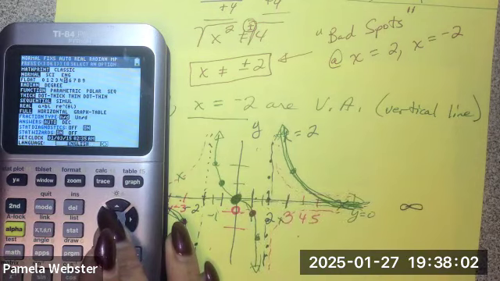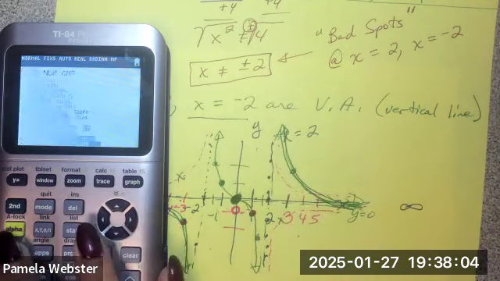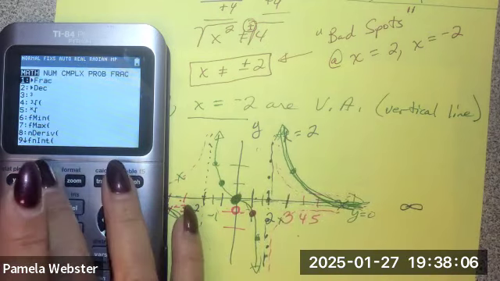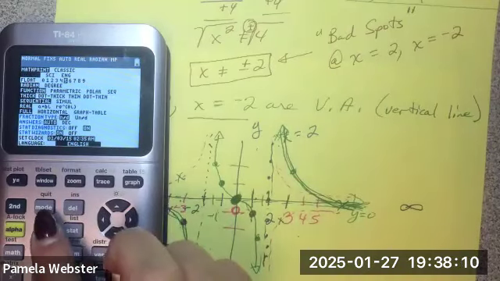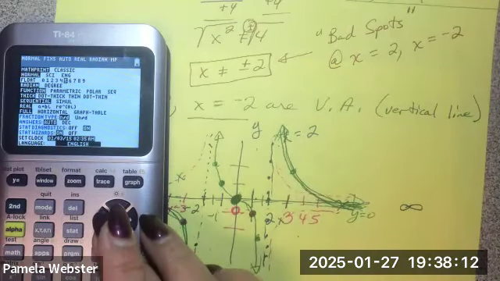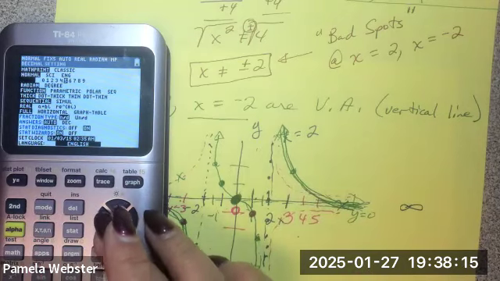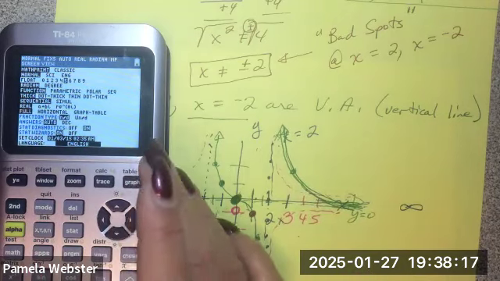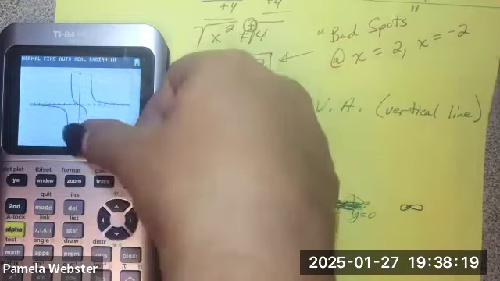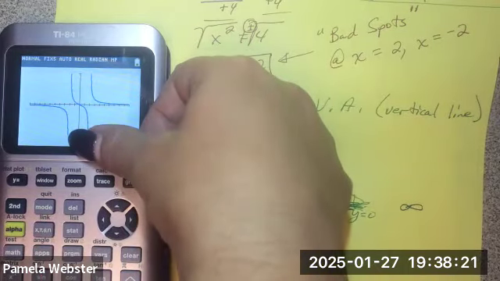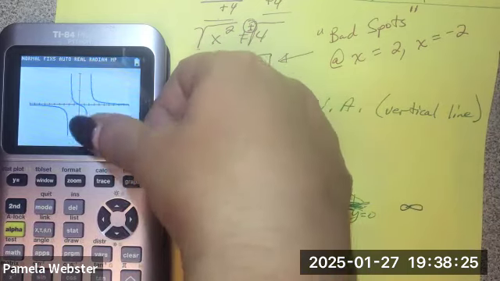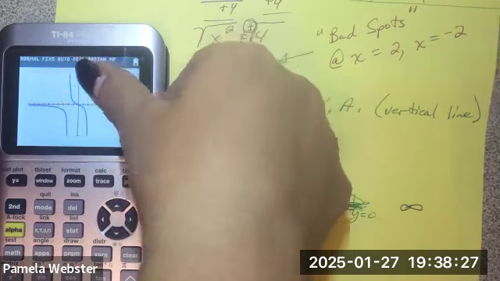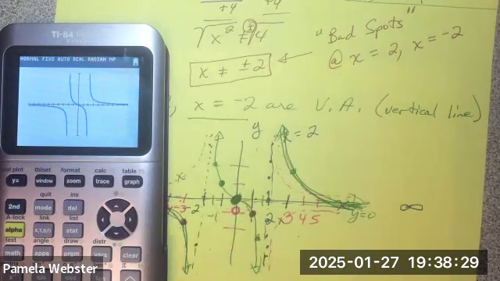Older software systems will do what they used to call connected mode. If you're in connected mode, basically your calculator thinks, I've got this point way down here at the bottom, and I need to attach it to the next point I find, which is way up there. And so it'll draw this little line that looks like a vertical line or asymptote, but it's not really.